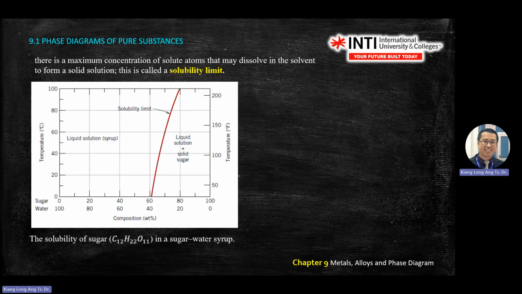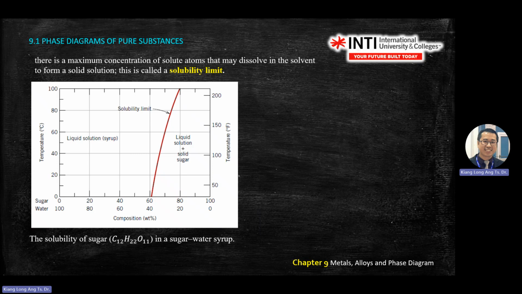Now, before we learn about the diagram, when you mix sugar with water, there's a certain percentage where you keep on adding sugar, and no more sugar will be dissolved into the water. So this is water, and you add sugar inside here.